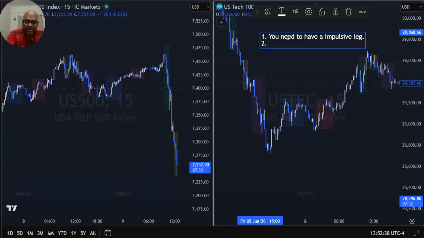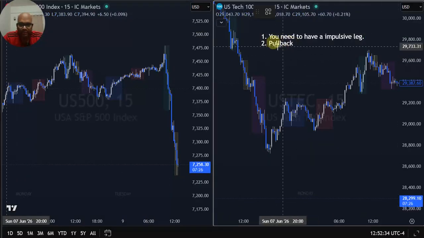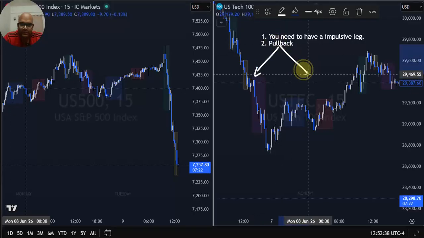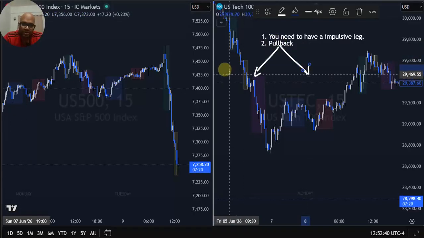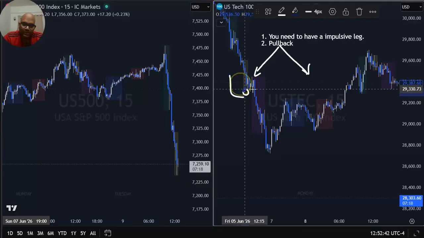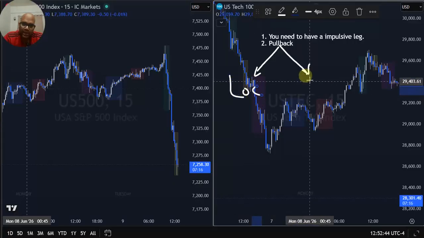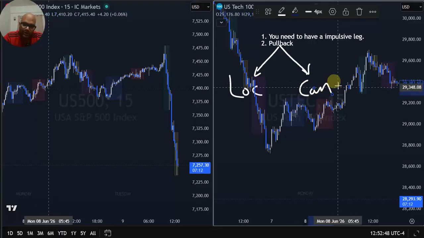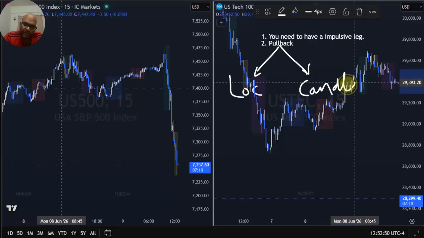Then second condition is the pullback, right? So in the pullback, what we need is two things: the location of the pullback and the candle pattern at the pullback location.